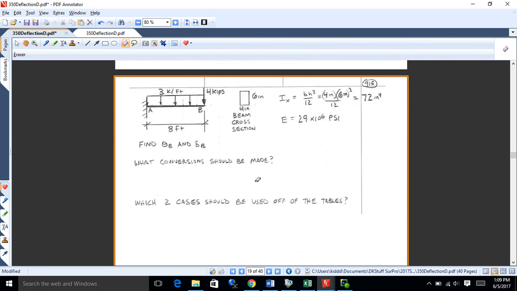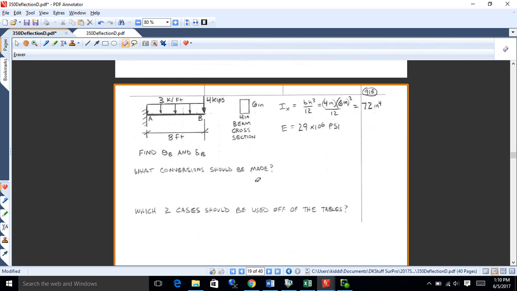So all you really have to do then is just plug in to the tables for the simpler cases. And if you've got 2 cases in one problem, you just find each one independently and add up the results, okay? The one thing on this when you're doing English units is remember to watch your units. And generally what that means is pounds for load and importantly inches for length. You don't want to be finding deflections in feet.